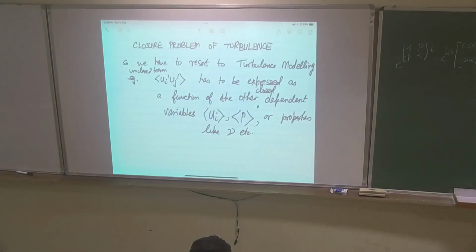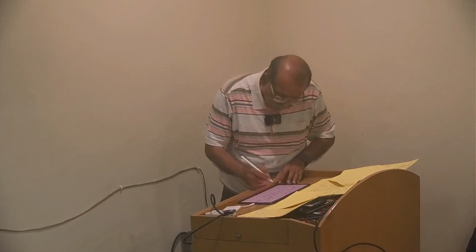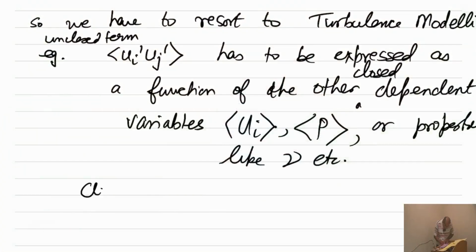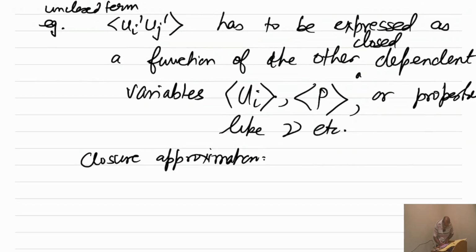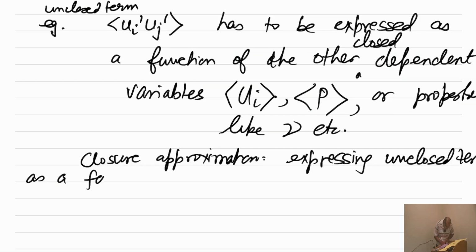And this is what we call the closure approximation, expressing the unclosed term as a function of closed terms.